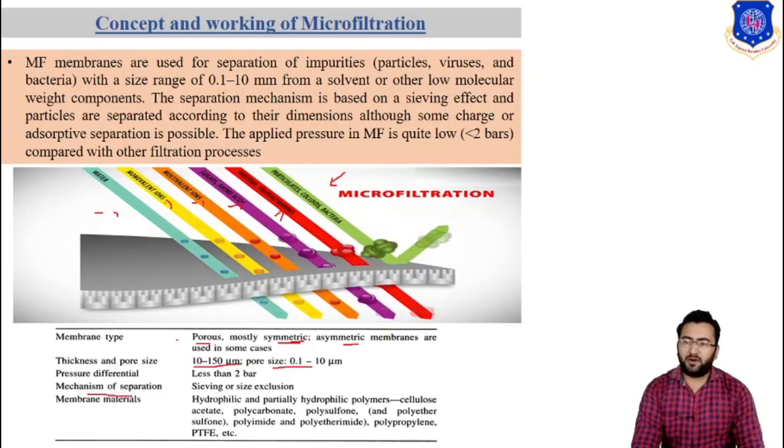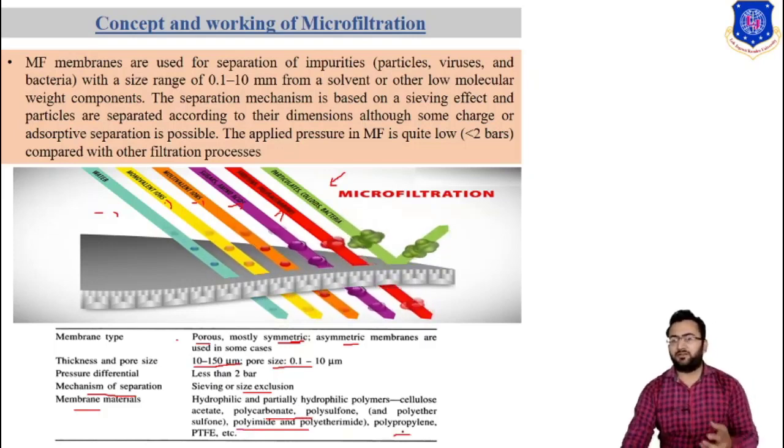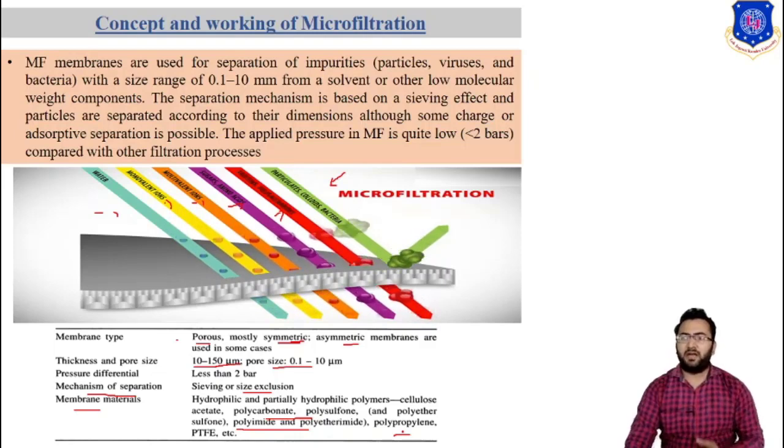The mechanism of separation is size exclusion. Various membrane materials are used for making microfiltration membranes, such as hydrophobic and partially hydrophilic polymers, cellulose acetate, polycarbonate, polysulfone, polyamide, polypropylene, and PTFE. So these are the various membrane materials used for making microfiltration membranes.